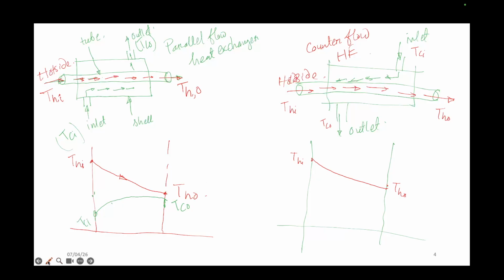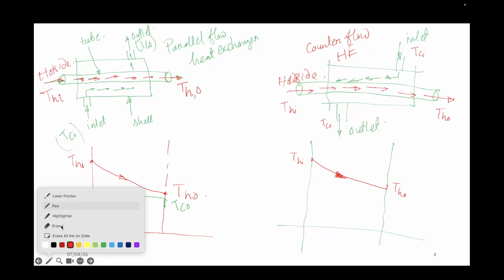Right? So now tell me, does this TCI start from which direction? Left side or right side? It starts from the right side. So from the right side, what does this indicate? This indicates the temperature gradient. I am talking about whether the temperature is decreasing or increasing. What does this red line indicate? Decreasing.